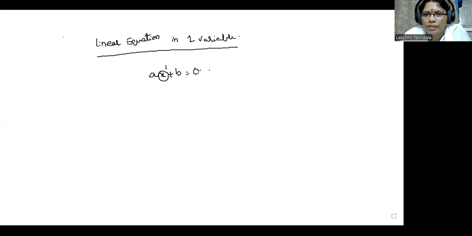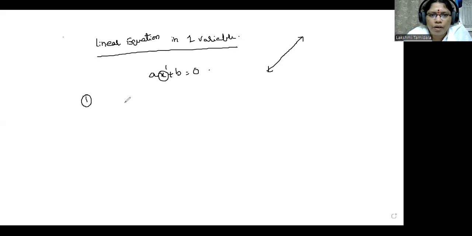In graphical terms, the graph of this equation is a straight line. As the graph of this equation is a straight line, we call it a linear equation. Okay, understand this? Now, we solve linear equations, some models in linear equations. One model is where we have variables on only one side of the equation.